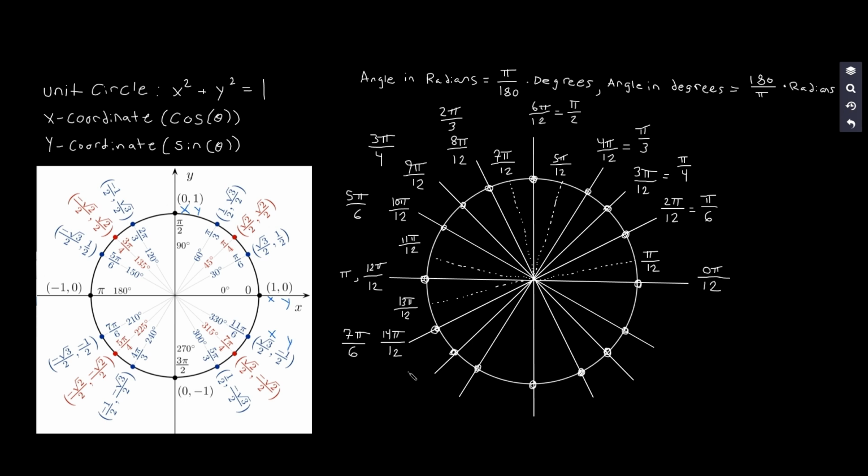Let's go to 15 pi over 12. Well, 15 pi over 12 is the same thing as 5 pi over 4. Then we'll go from 15 pi over 12 to 16 pi over 12, and 16 pi over 12 simplifies to 4 pi over 3.